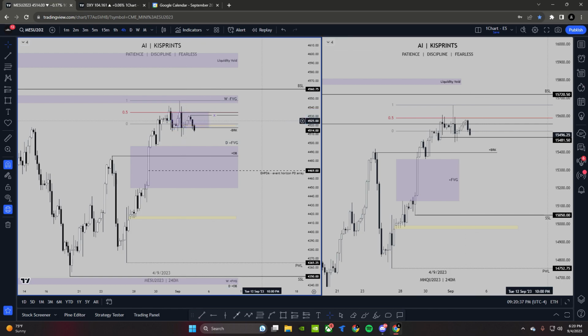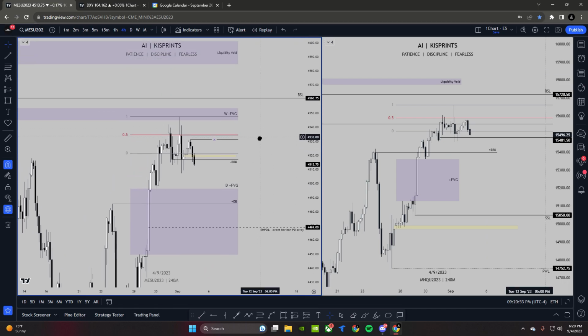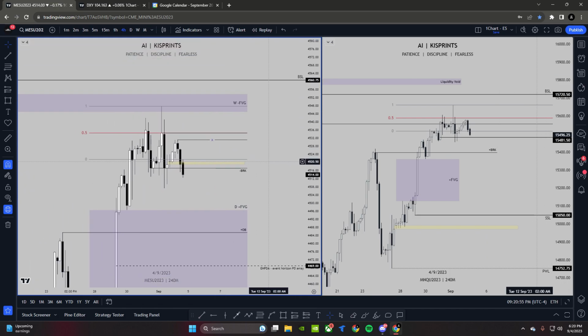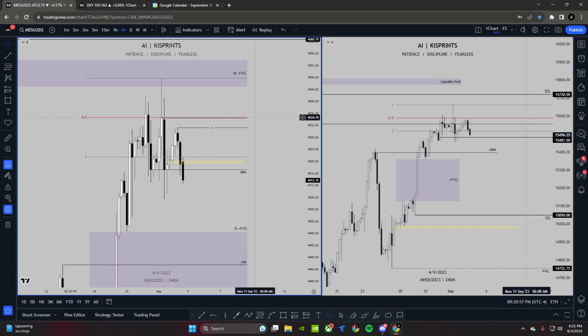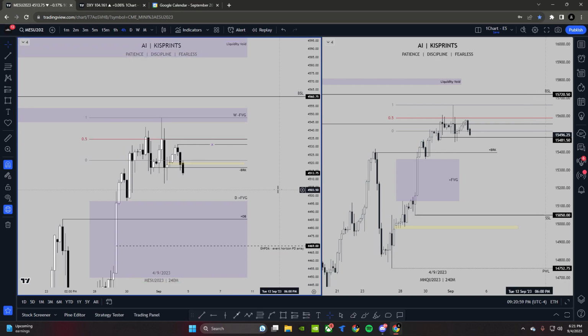Now, a close below doesn't instantly mean short it. I would like to see a displacement past this low right here. But first, I would like to see this short-term high get taken, tapping into the 50% of that weekly wick, and it just so happens to be conveniently placed with a rejection block.